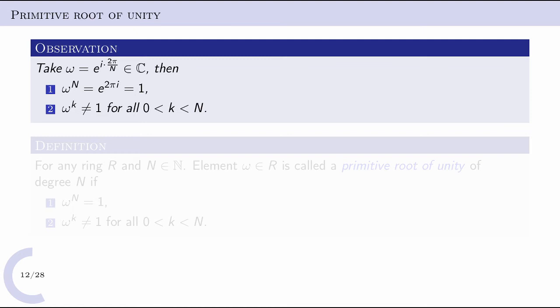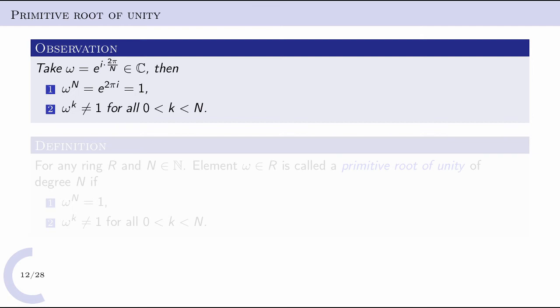This is the De Moivre formula. So this number is 1/n of a circle. We need to multiply it by itself n times to finish this circle, to get back to 1.